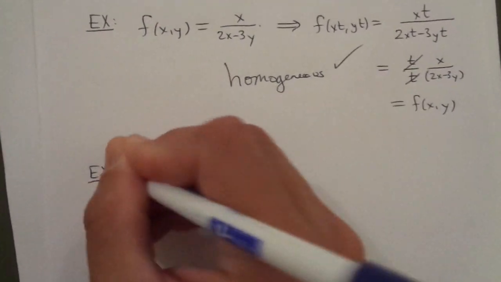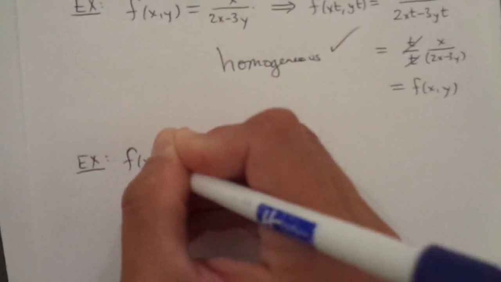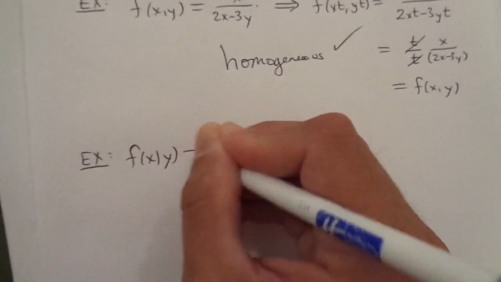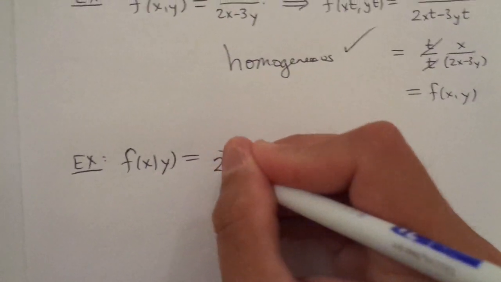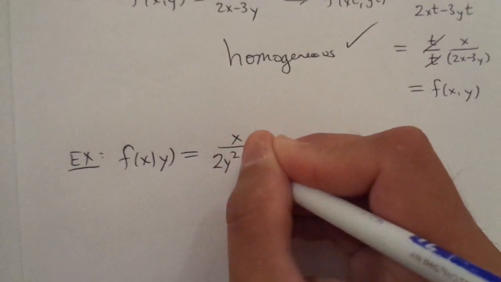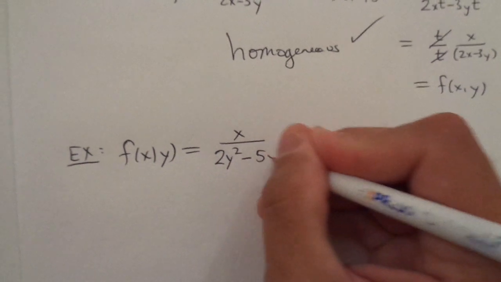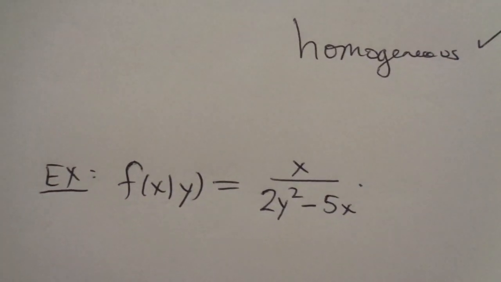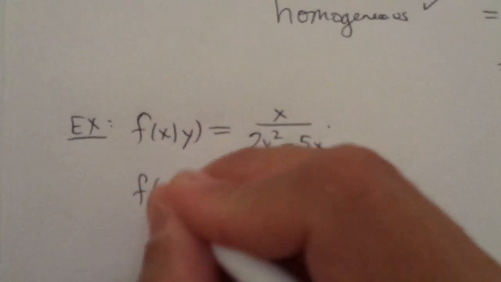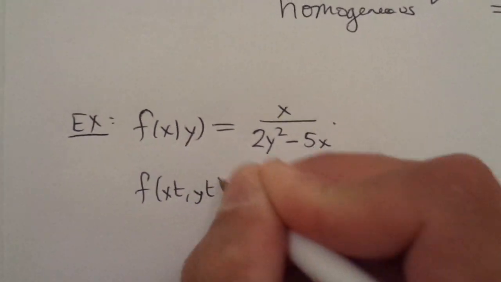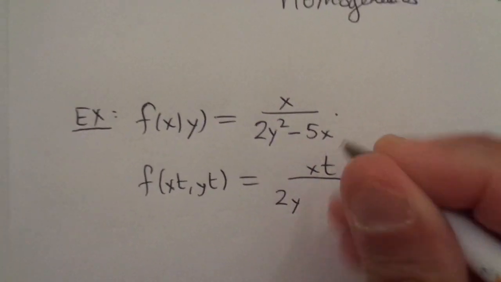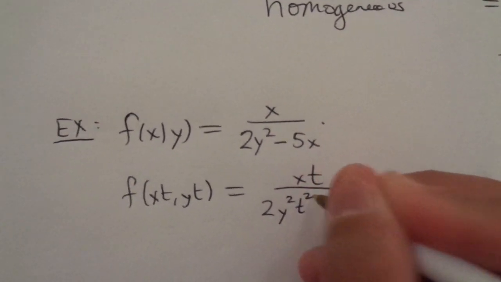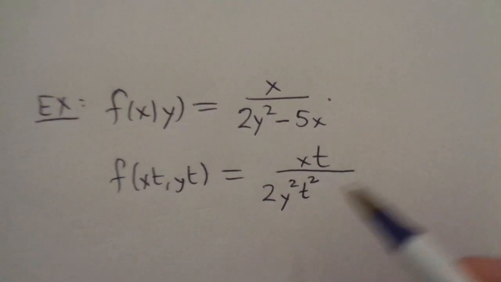Now, on the other hand, if we had something like this, where we had, let's say, x over 2y squared minus 5x, okay, if you try to put a t next to every single x and next to every single y, notice that you'll actually get 2 t's right here.